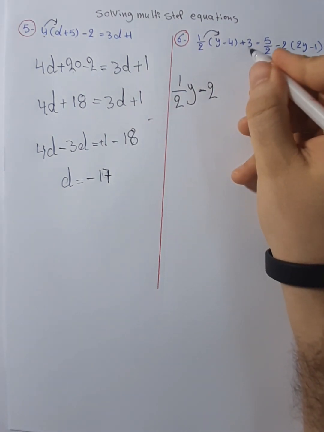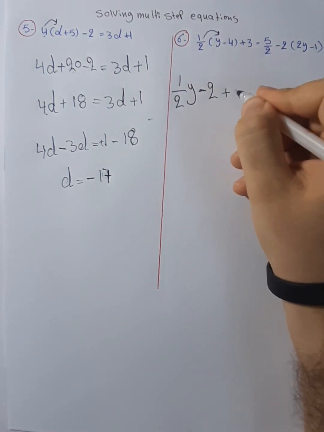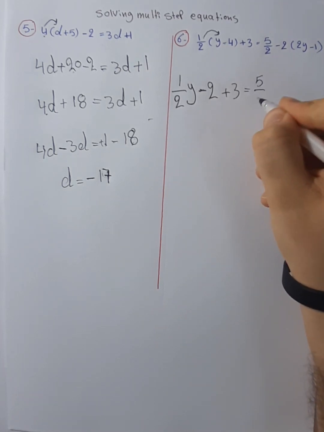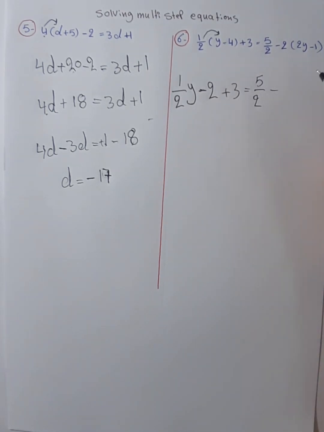And then we can write plus 3 equal to 5/2 minus. And then we can multiply this 2 into the bracket. 2 times 2 equal to 4y, minus 2 times 1 equal to 2.